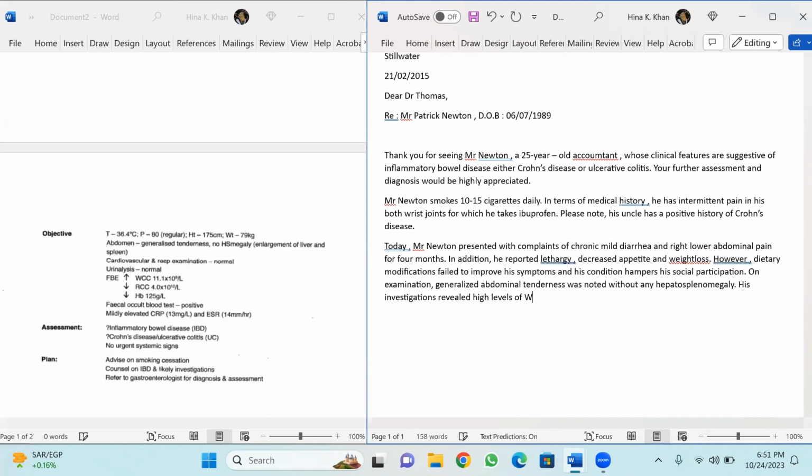Capital WCC, comma, ESR, and CRP. Now I can again use a connector over here.